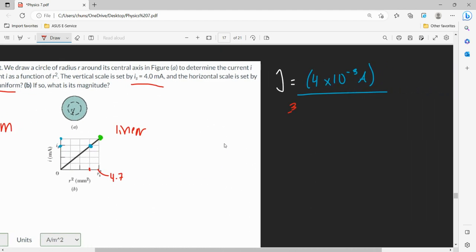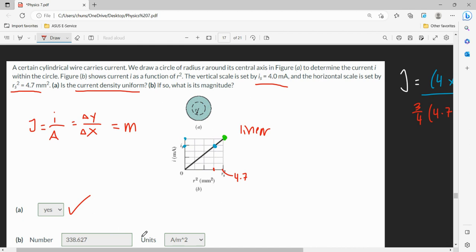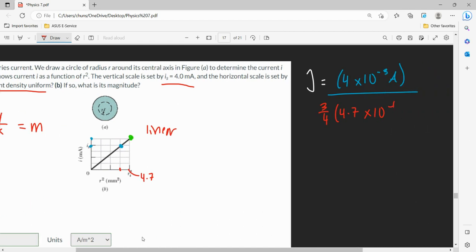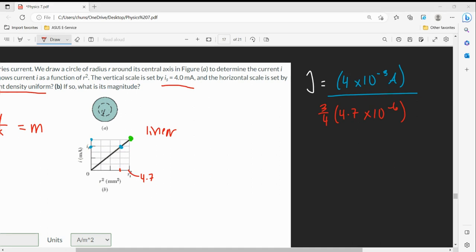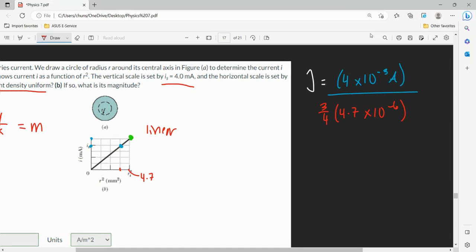So this is 3/4 of our 4.7 times 10 to the negative 6 meters squared. And this is times our pi.